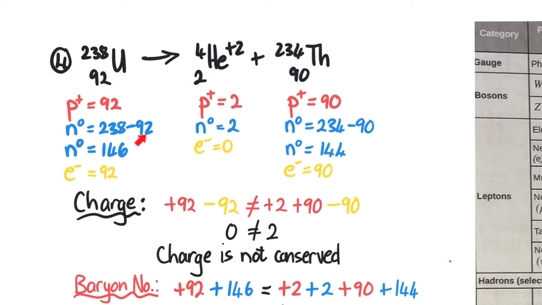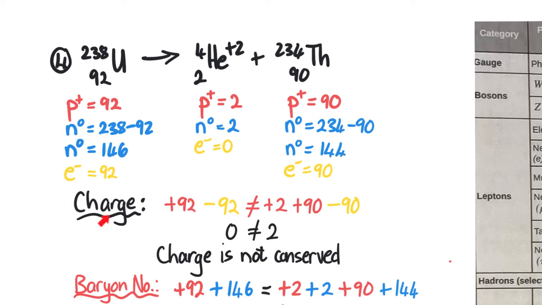So 238 minus 92 gives us 146. In the case of the helium, this is in actual fact a helium nucleus, because it's lost its 2 electrons, therefore it's plus 2. You see the number of neutrons is 2. Here, the number of neutrons is 234 minus 90, which is 144.